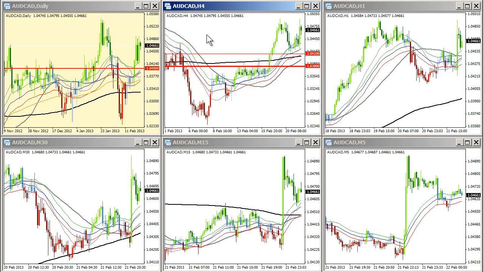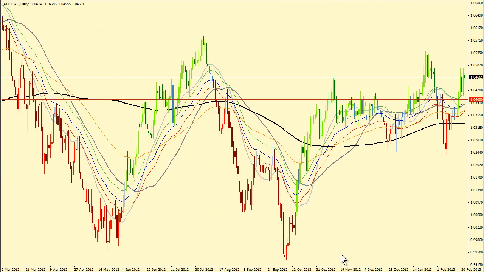So I don't have a clear theme there. In fact, we don't even have a really clear direction for the Canadian dollar itself. So I can't say there's a good, clear directional bias on this Aussie loonie, because on one hand I have a very fuzzy Aussie picture, I have a very fuzzy loonie picture. But that's all fundamental discussion. Even if I didn't know any of that, when I look at the daily chart of the Aussie loonie, is this in a trend?